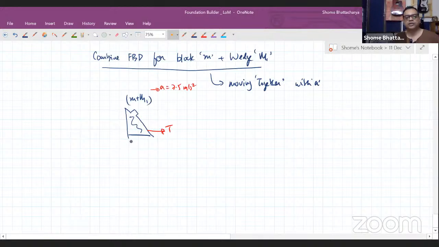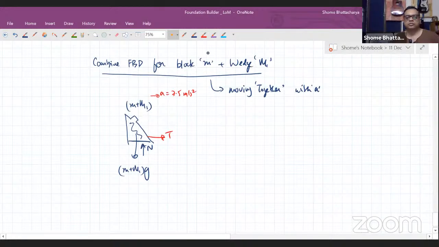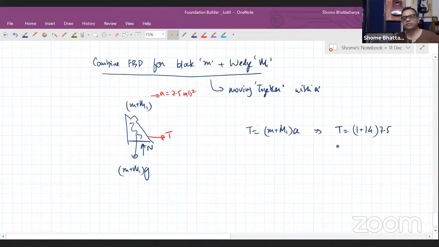The other forces are vertical. Okay. So your equation will become T is equal to (M plus M1) a. So the tension in the string you will know is equal to the mass of this was 1 kg, the mass of this was 14 kg, and the acceleration we just saw is 7.5.